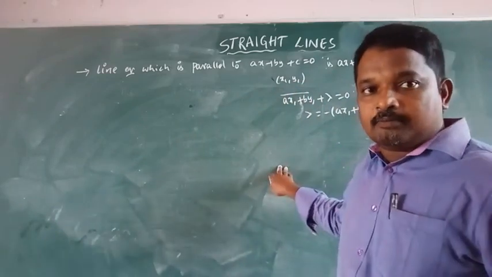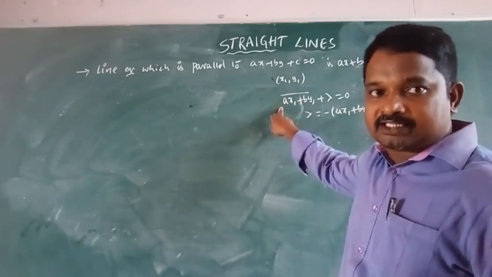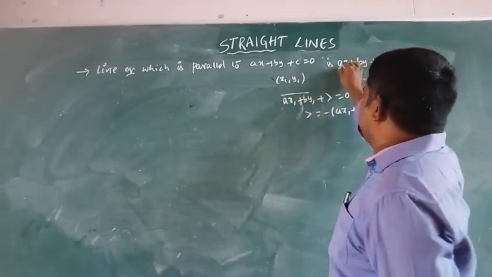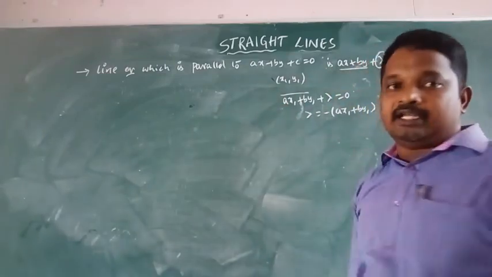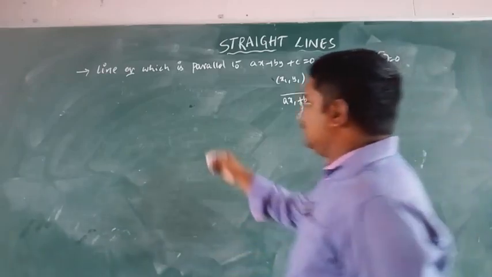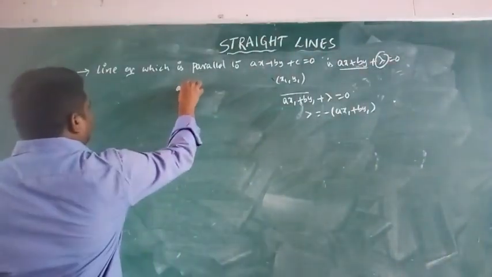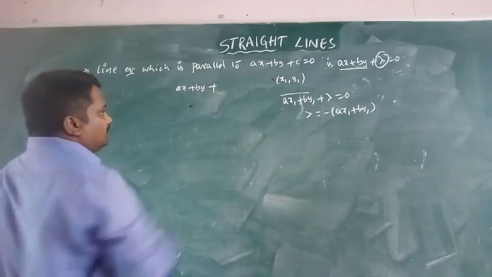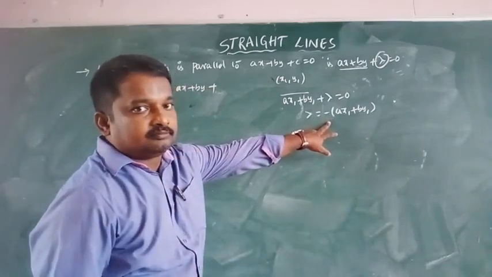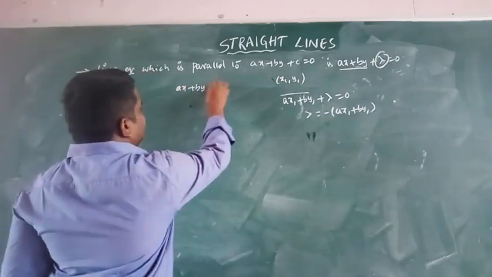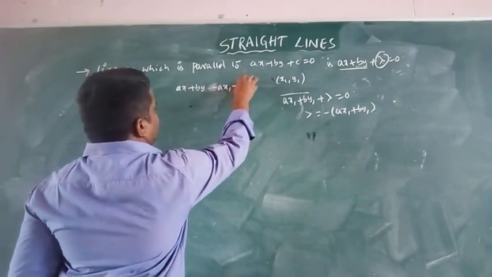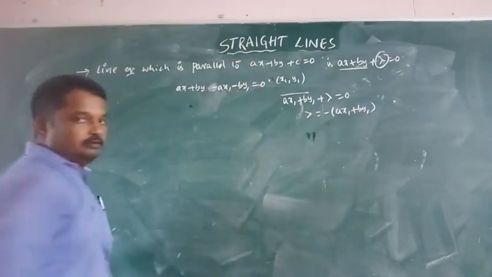So what is our parallel line which is passing through (x1, y1)? We substitute the λ value and we get the required equation, that is ax + by - ax1 - by1 = 0.